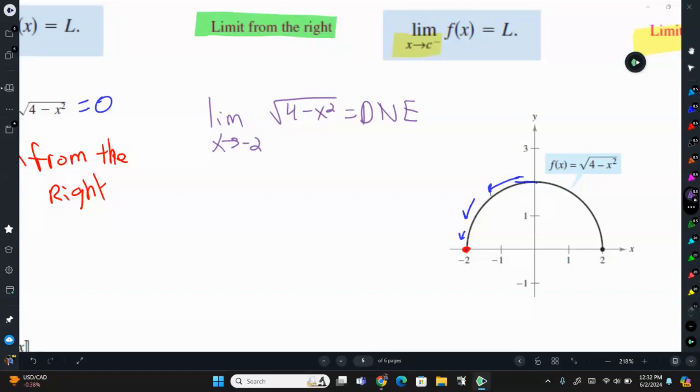You can only approach that from the right side. Similarly, if you look at x equals +2, we can only approach that from the left side. We can't approach it from the right side because there's nothing there.